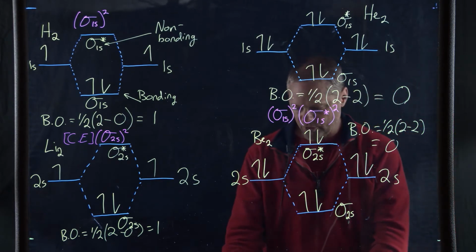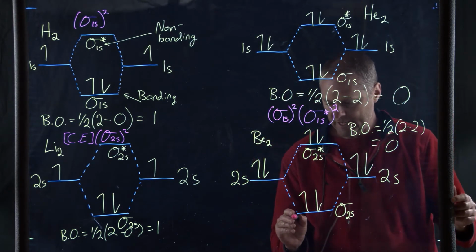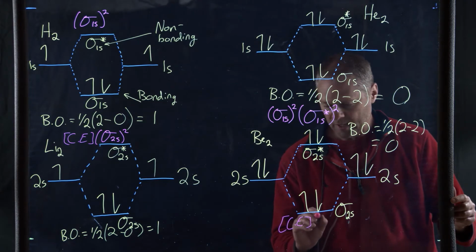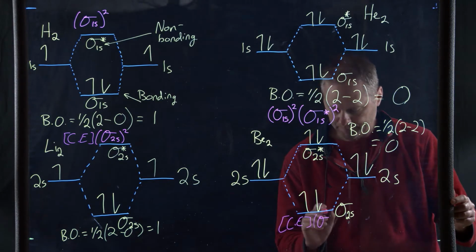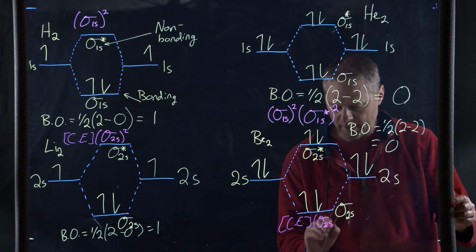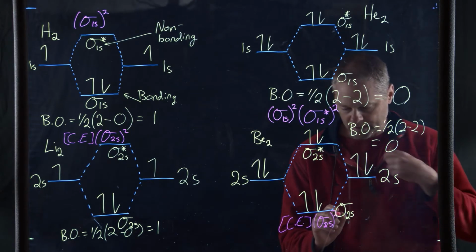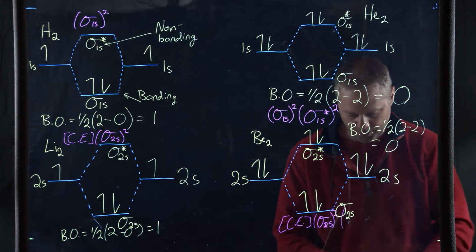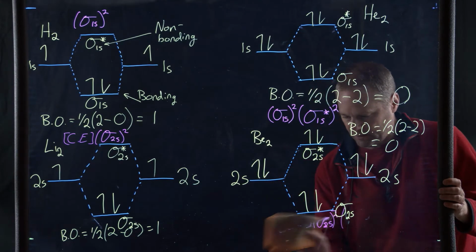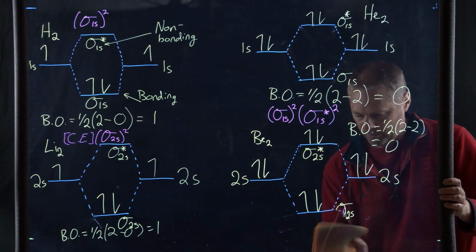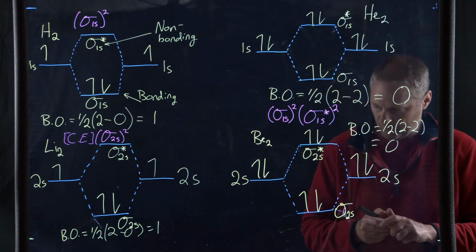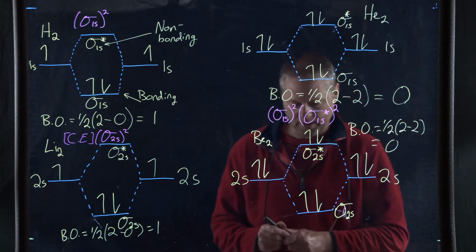Now, if we want to write the shorthand notation for this, it's going to be those core level electrons, and then it's going to be sigma 2s2. Oops, I keep running into that. Let me just rewrite this over here. We'll get this back to where it was. I have a lot of room here.